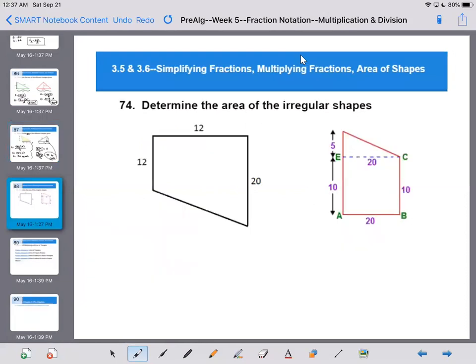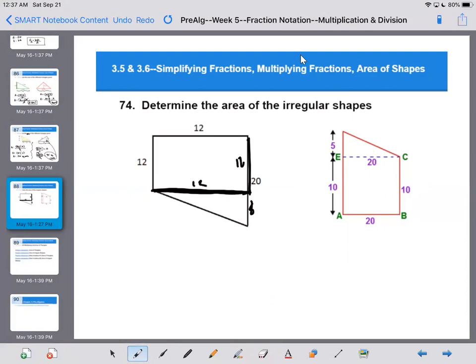If we want to look at area of irregular shapes, you may want to look at how you can subdivide. And if we know that this is 12, and we know that this has to be 8, if I can draw a perpendicular line here. So we know this is 12.